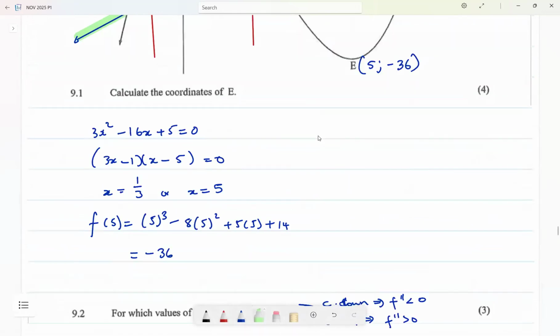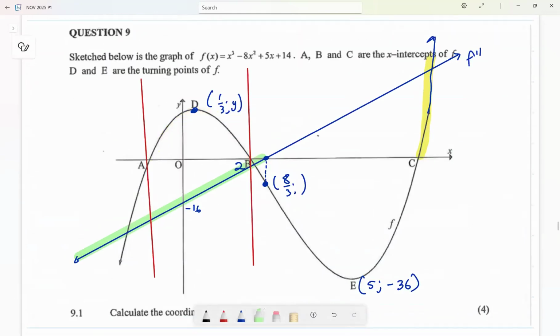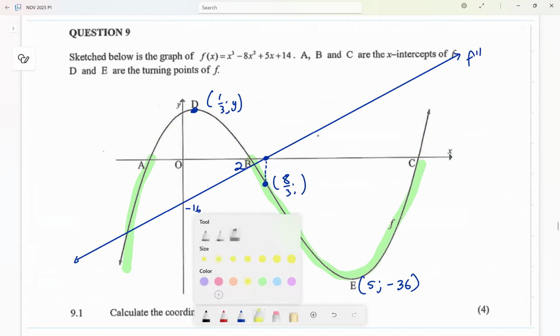Where is it negative and positive? So we want now where f is negative, and where the graph of the second derivative is positive. Can you see, at the same time, they alternate from which portion?